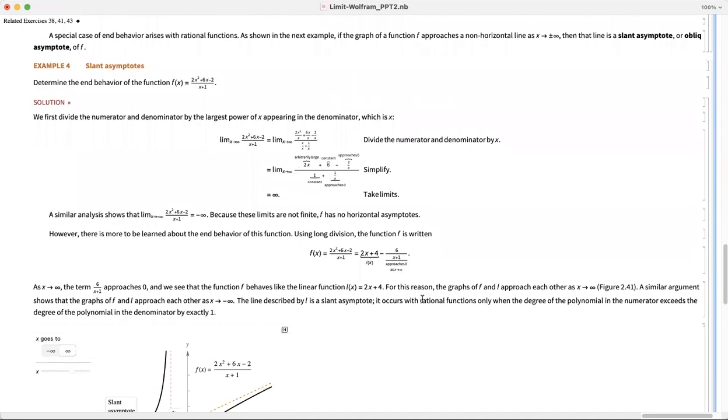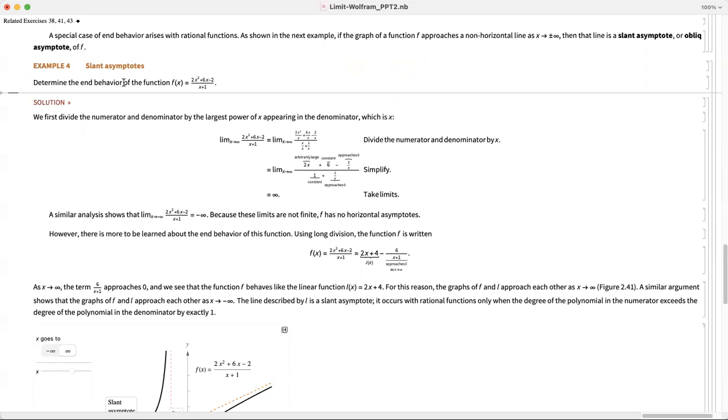Determine the end behavior of the function f of x. So first, let's find the limit at infinity to figure out the horizontal asymptote. Determining the end behavior means finding the horizontal asymptote and the vertical asymptote. We have to find all kinds of asymptotes. Why?